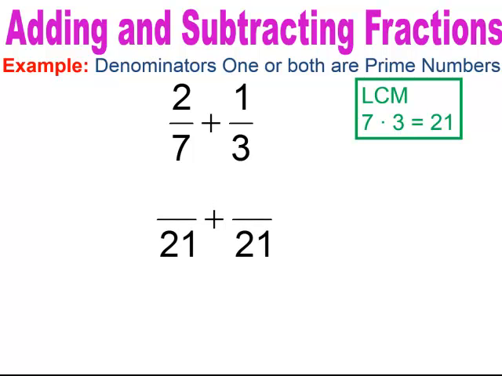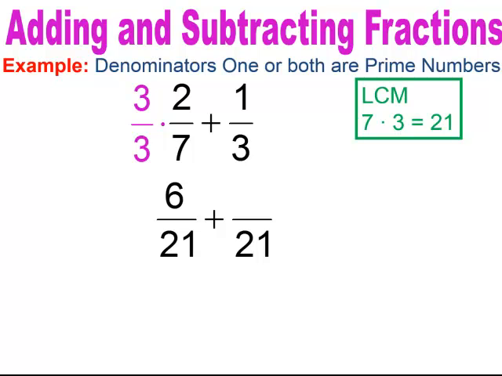So I'm going to have to convert both fractions to have a denominator of 21. So the first fraction I'm going to have to multiply by 3 in order to get the common denominator of 21, and you have to multiply the numerator by the 3 also, so our converted fraction is going to be 6 over 21.